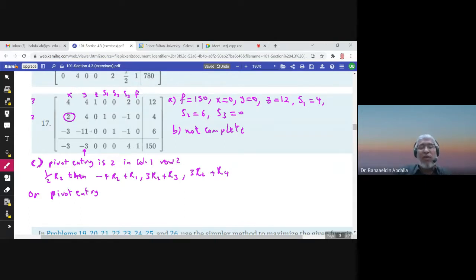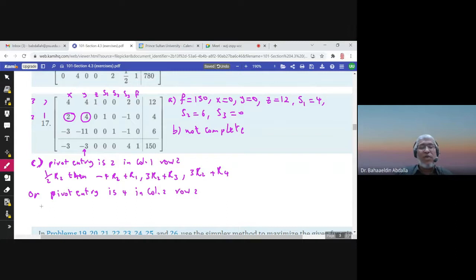We cannot divide by -11, it's negative, so we divide 4 by 4, the answer is 1. 12 by 4, the answer is 3. So again, this is the smallest. So the pivot entry is 4 in column 2, row 2.